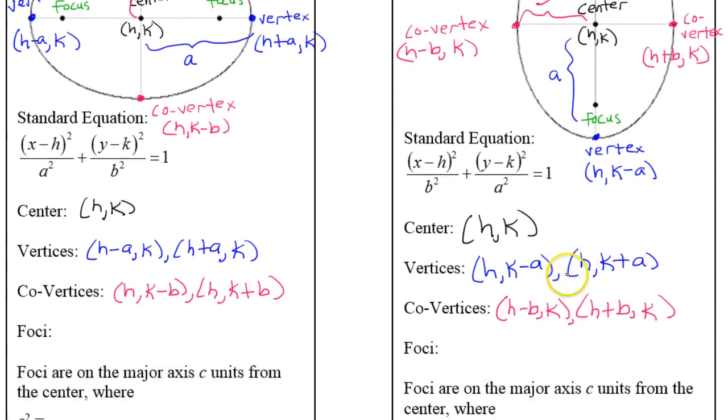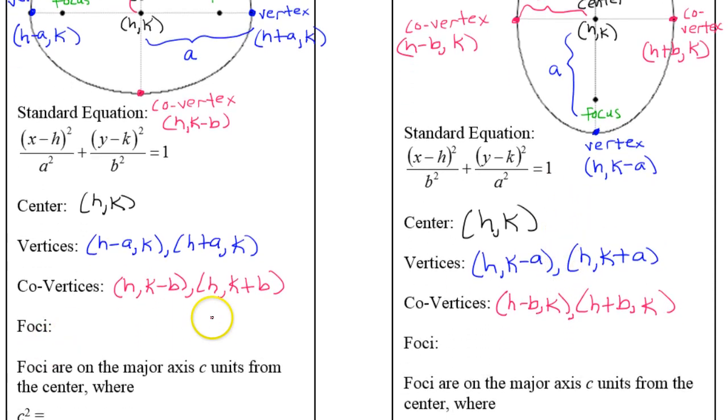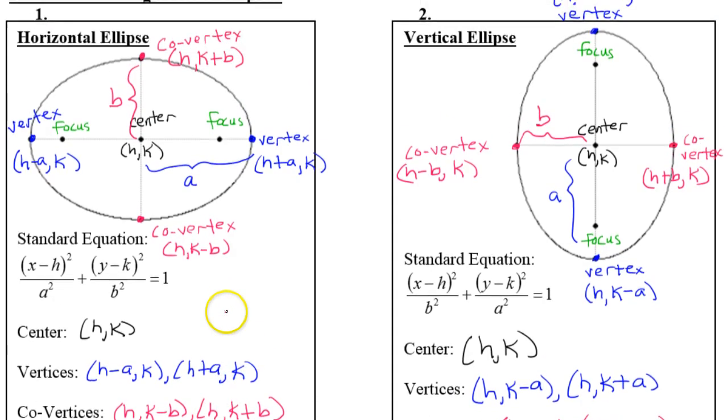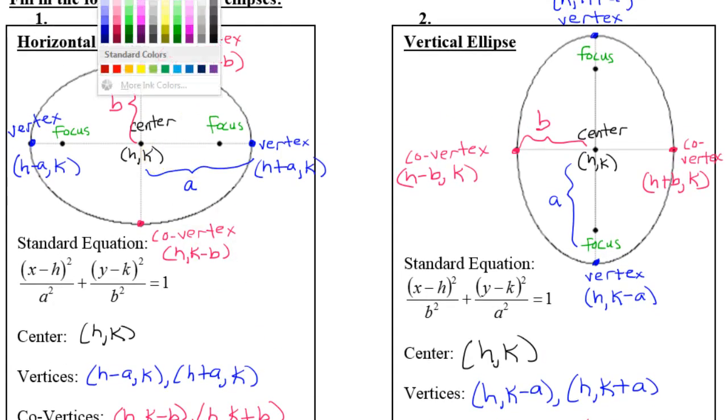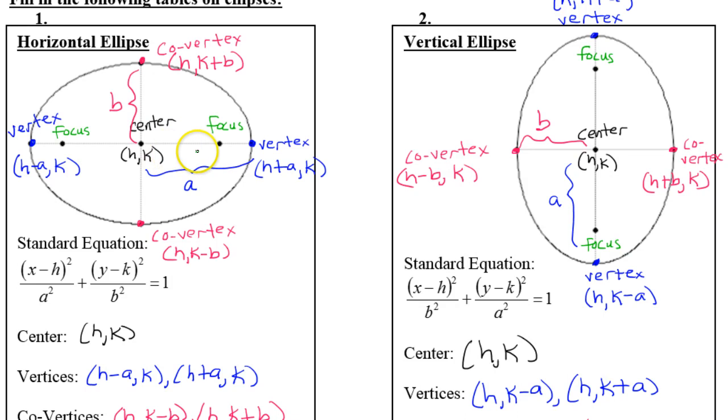Okay, now how about the foci? It's going to be very similar, but the foci depend on the c value. Remember that the c value is the distance from the center to the focus. So this will be the c value right here.